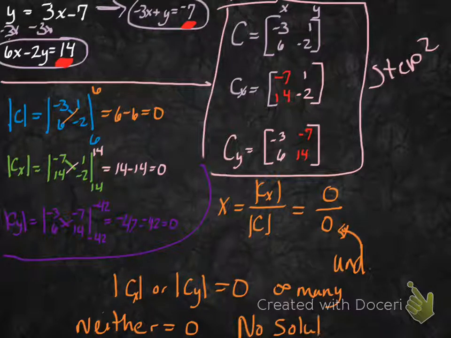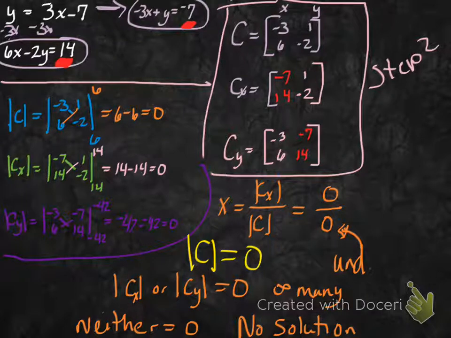But you only do this test if the determinant of C equals 0. You must have the determinant of C equaling 0, or you cannot do this test. Only if the determinant of C is equal to 0 are these a possibility.